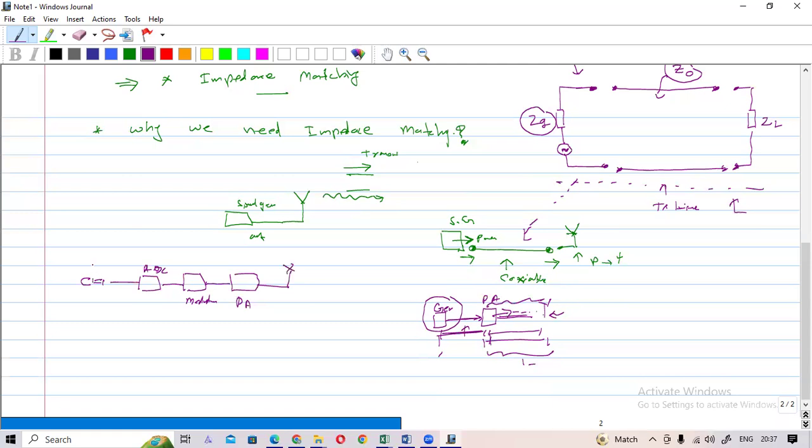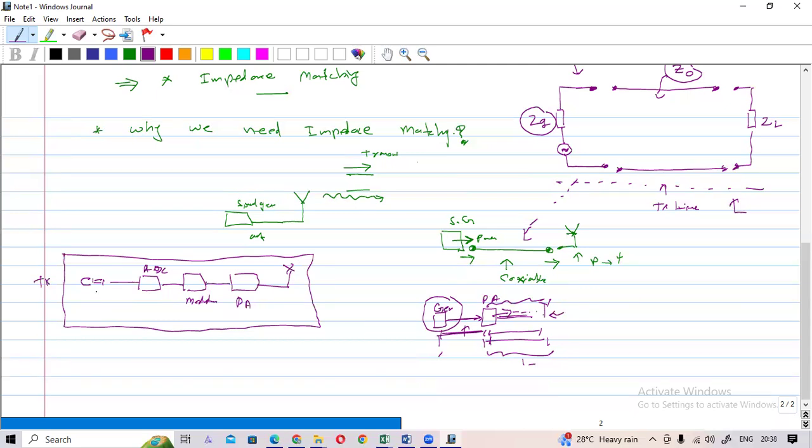If you consider this as a simple block diagram, not the detailed one, at the TX side of your phone, this circuit is there. Microphone, analog digital converter, modulator, power amplifier, then antenna.